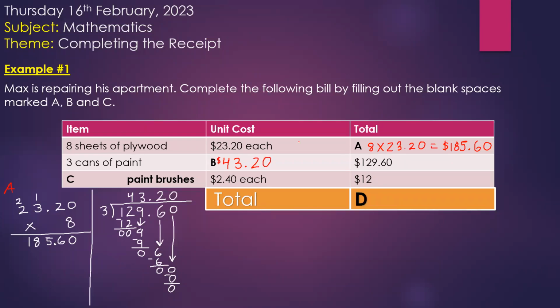All right, good. So that's how we got B. Now for C, it's sort of different. We have how much each costs, and we have the total. So the question is, how many paintbrushes did we get? $12 divided by $2.40.